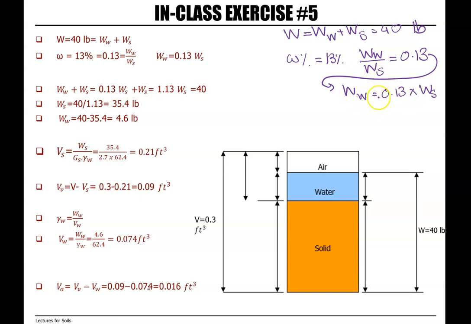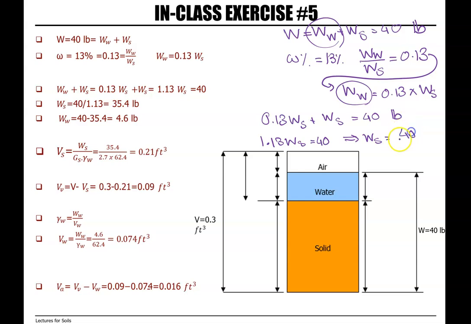We place this here, and we get the new formula: 0.13 weight of solids plus weight of solids is equal to 40 pounds, which means that 1.13 weight of solids is 40 pounds, so weight of solids is 40 pounds divided by 1.13.